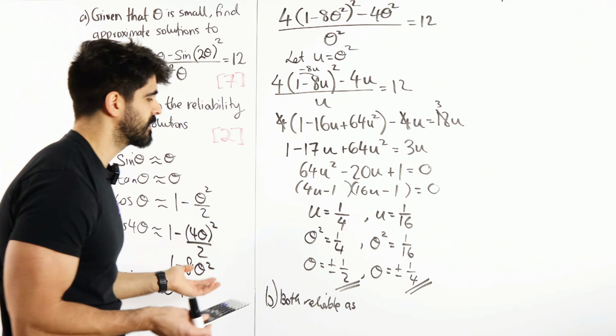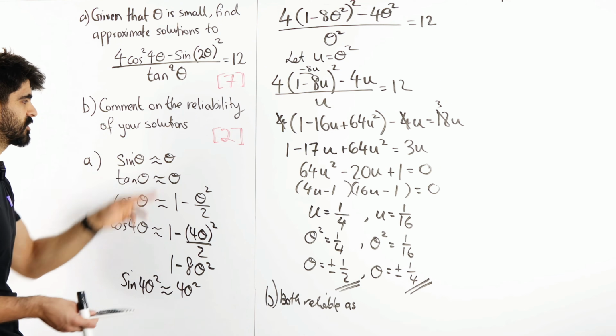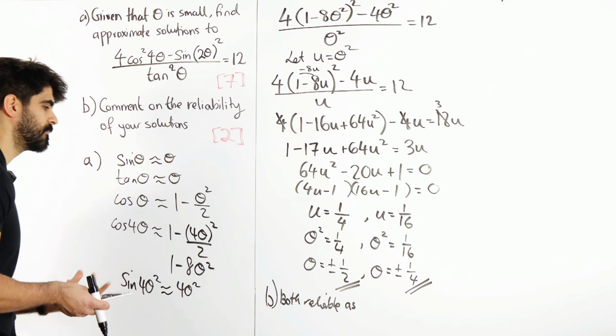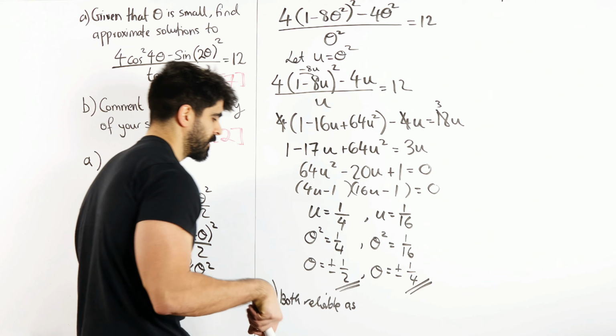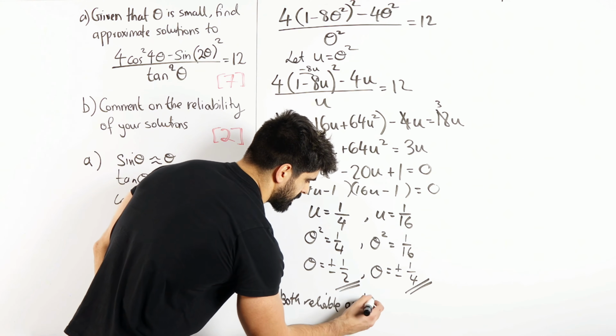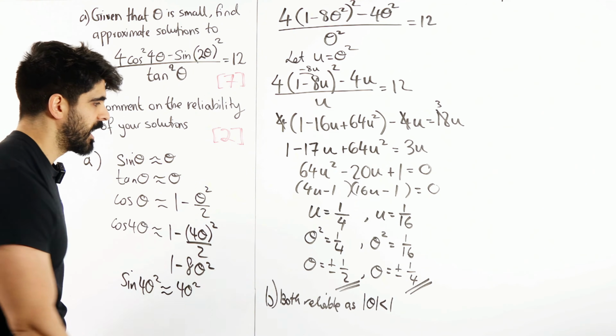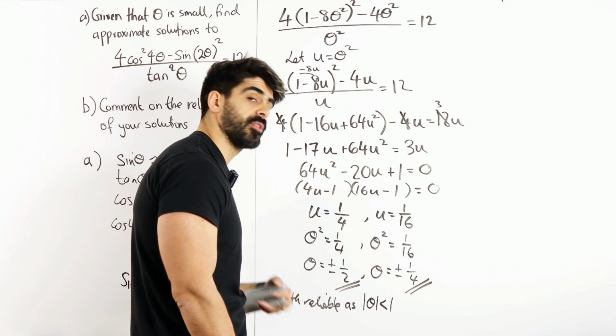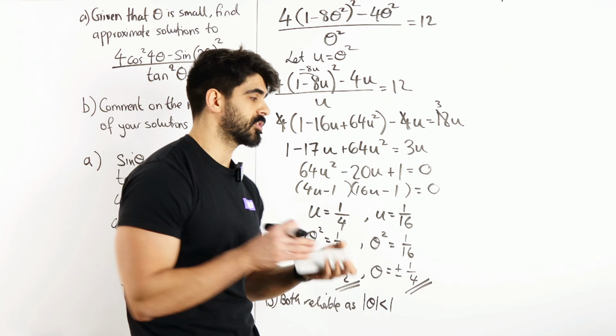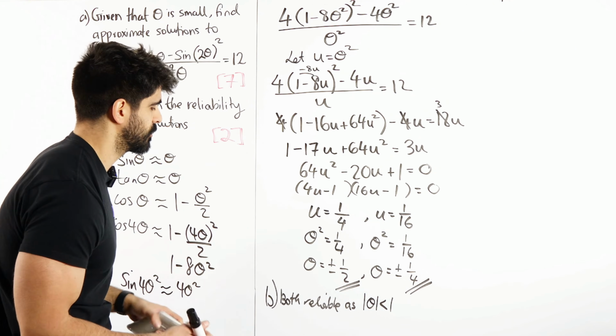It's kind of the same reasoning there because of these expansions here. So you want this modulus to be less than 1. So both reliable as modulus theta is less than 1. However, I would just say that the quarter is more reliable than a half because it's closer to 0. So the closer you are to 0, the more reliable the solution.